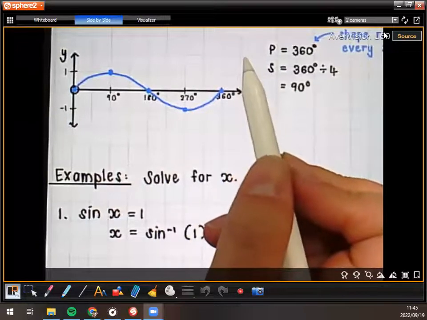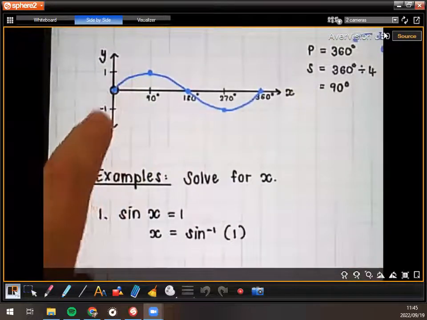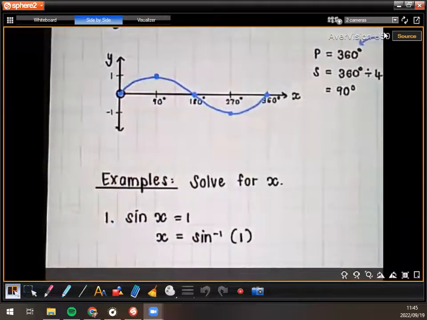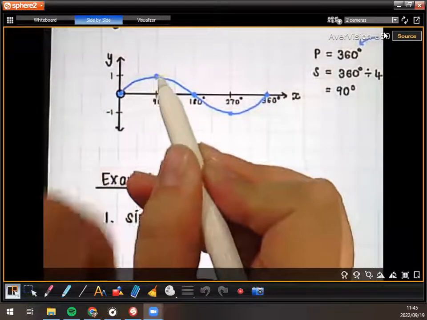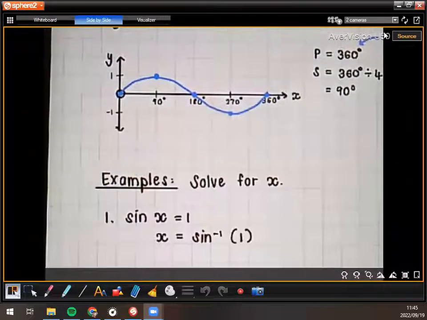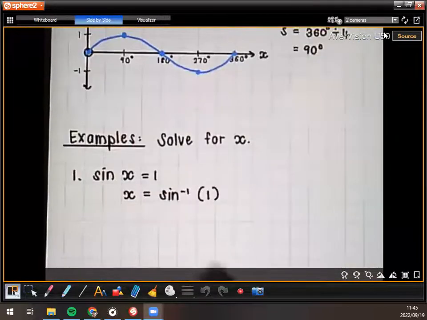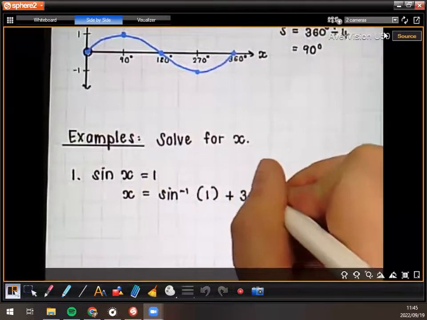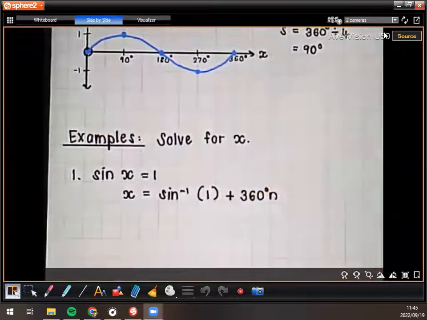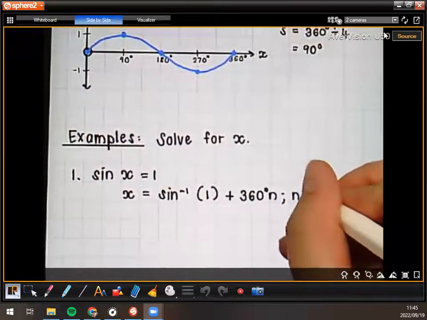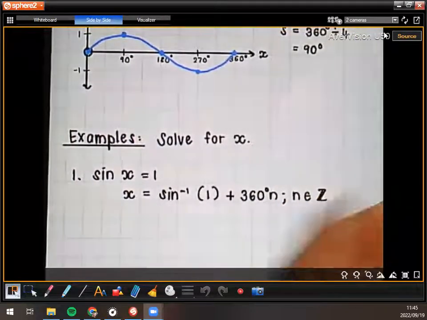And another 360 degrees. And also, what happens here in the negatives, guys? This shape also repeats backwards, right? Every 360 degrees. So we're going to have the same point, the same value of 1, 360 degrees before this one as well. So we have to say plus 360 degrees times n. And then n is an element of z.